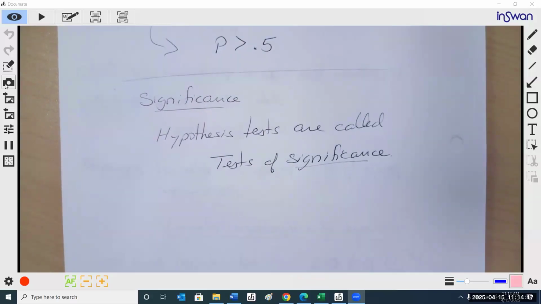How does that relate to what we're talking about here? What did we talk about with significance? What does that refer to? See if y'all remember from two weeks ago.